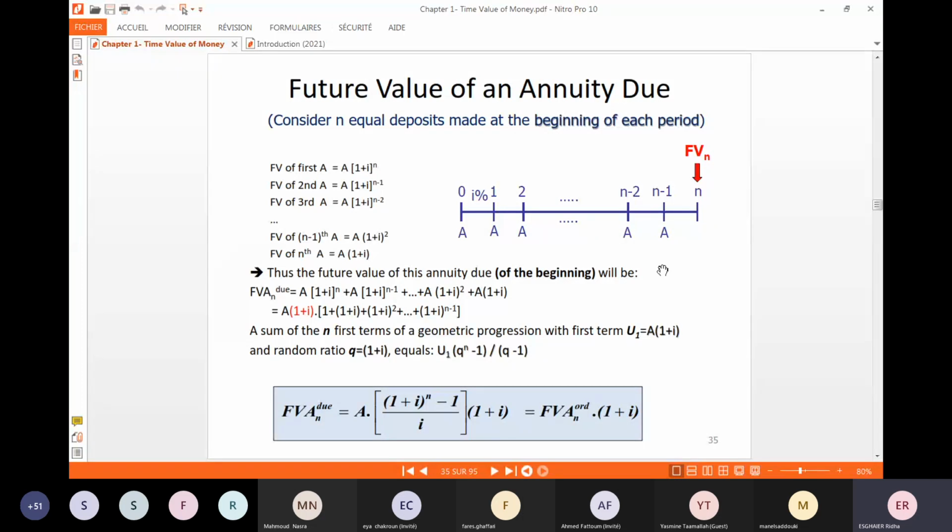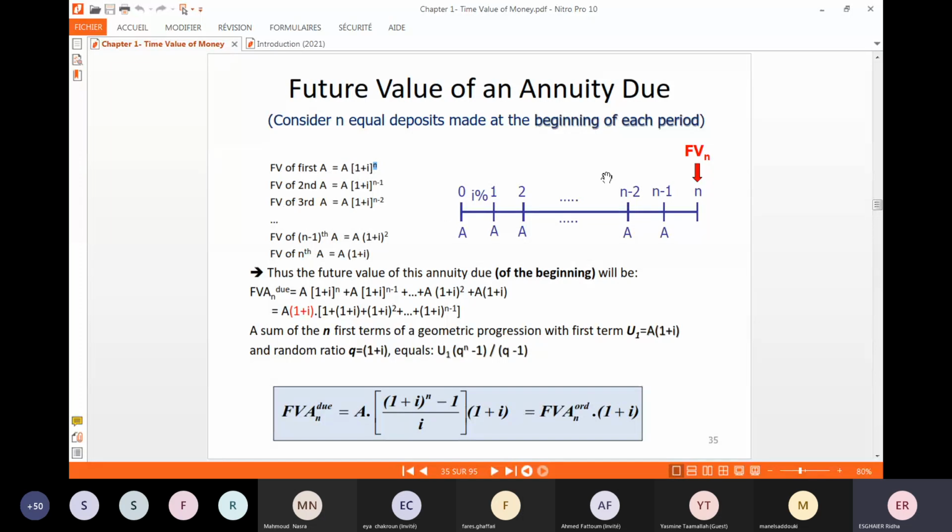Let's apply the basic formula we know: the future value of a lump sum, applied to each deposit separately. A deposited at the date 0 is worth, at the date N, A times 1 plus I power the number of years of interest. When we have a lump sum, a single amount, N represents the number of years of interest.